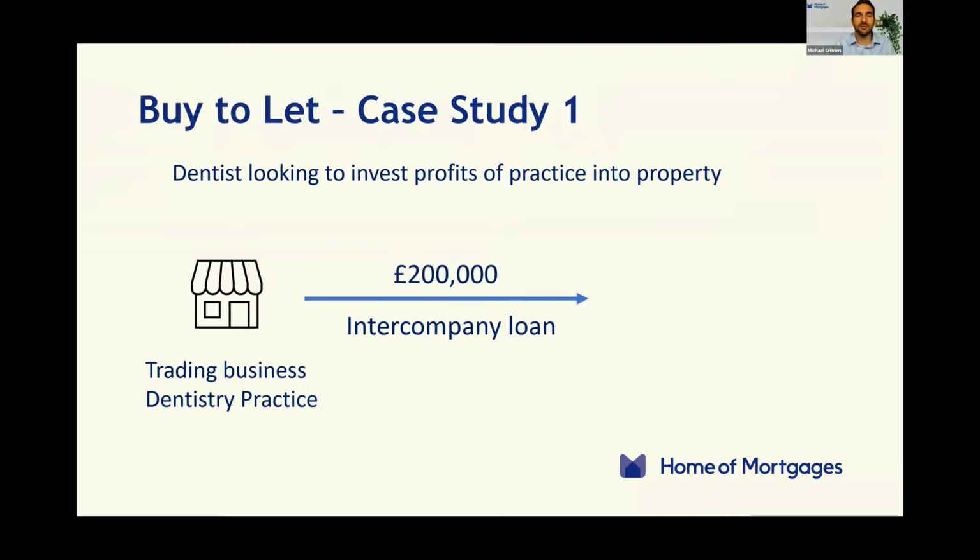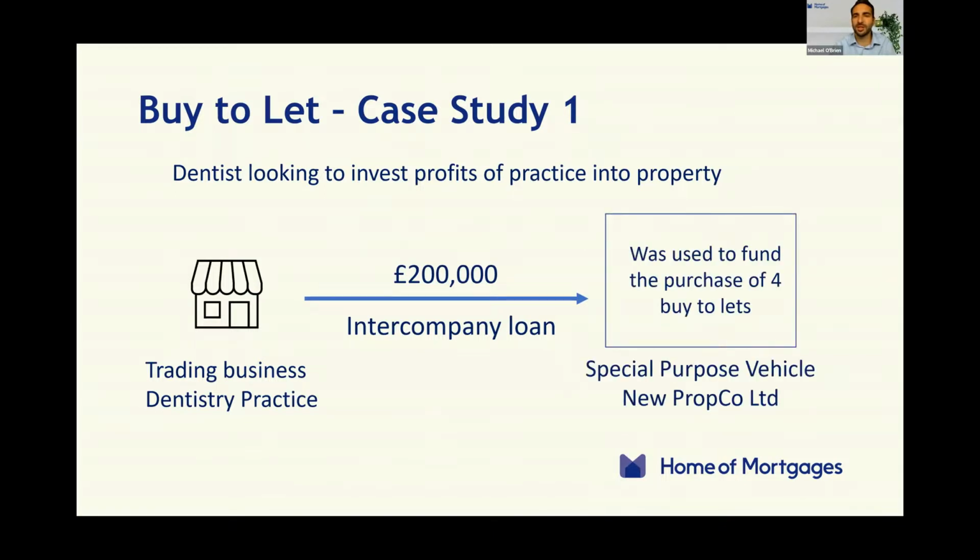What they did is, rather than using the trading business to invest in property, they created an intercompany loan which transferred £200,000 or loaned £200,000 to a new propco property company, which was a new SPV, which gave him access to a much larger area of the mortgage market, and was used to fund 4 buy-to-let purchases and continue to invest profits of the business into property.